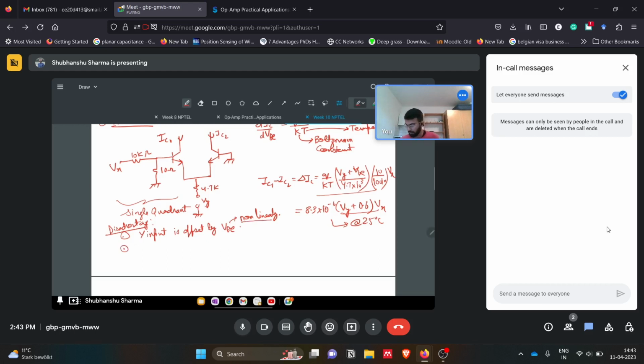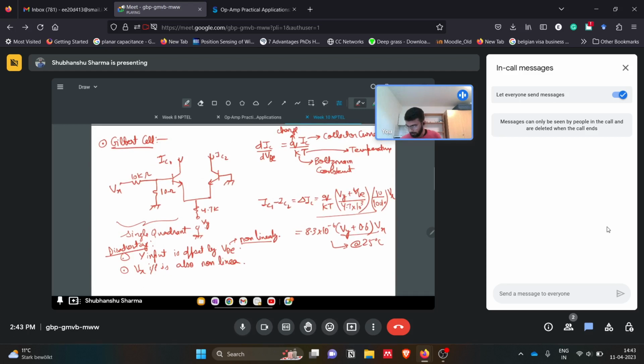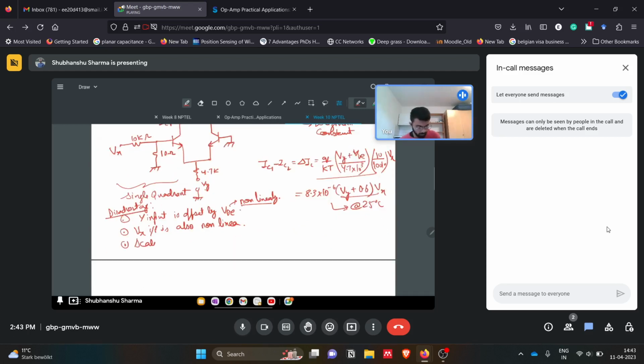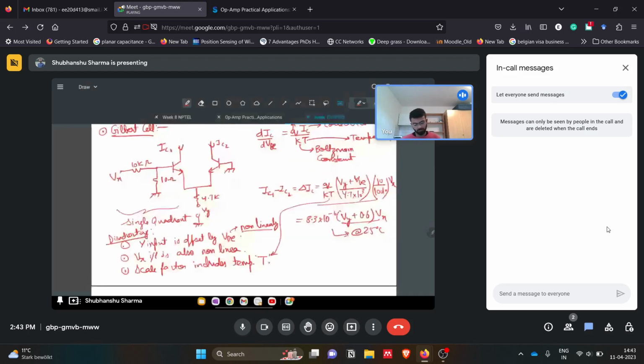Another problem was the Vx input is also non-linear. And the scale factor includes temperature term T in it, as we saw here. So these were the factors which were limiting the working of this Gilbert cell.